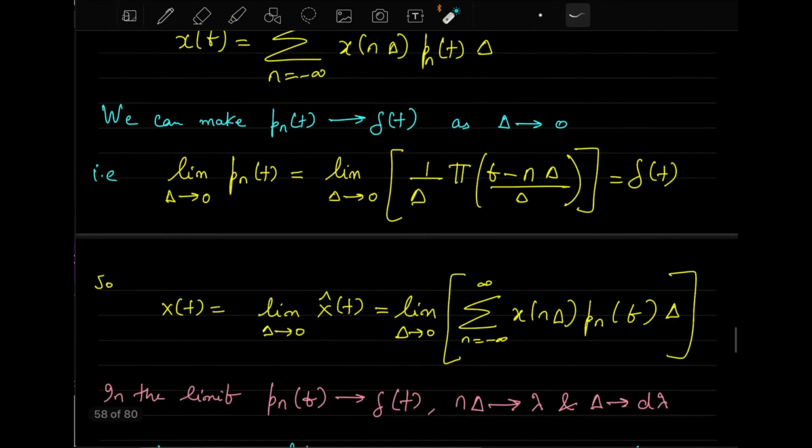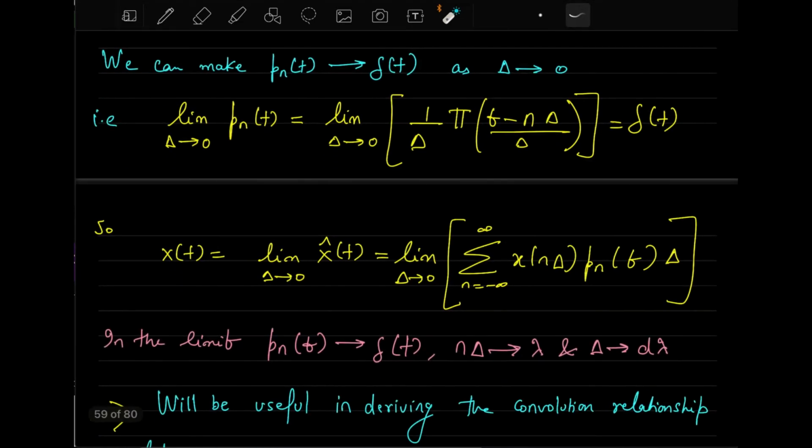So if that is the case, you can write x(t) as the limit of delta tending towards 0 of x hat t, the approximate signal, and then apply the limit on the outer side of this expression. As you know, when delta tends towards 0, p_n(t) becomes equal to delta(t), n delta becomes equal to lambda, and delta becomes equal to d lambda.